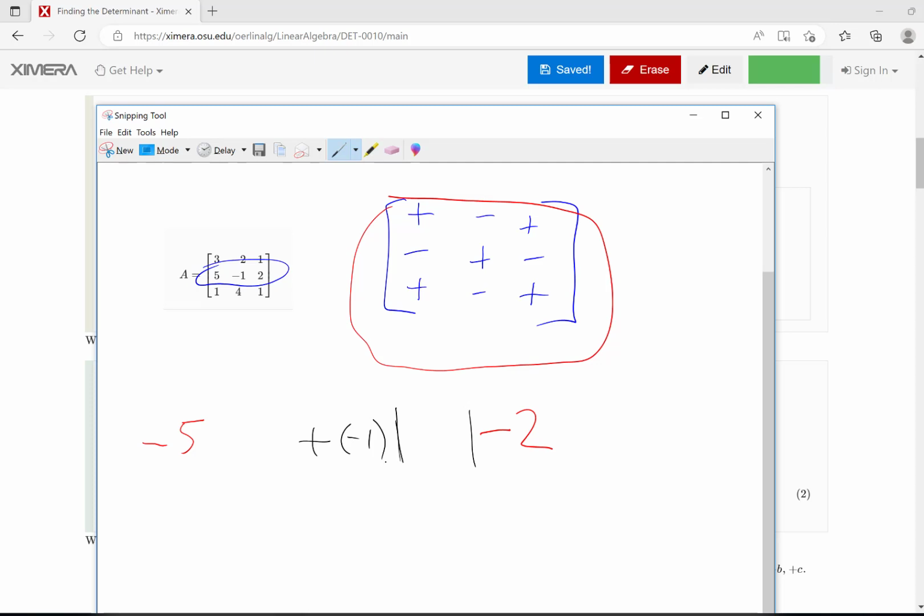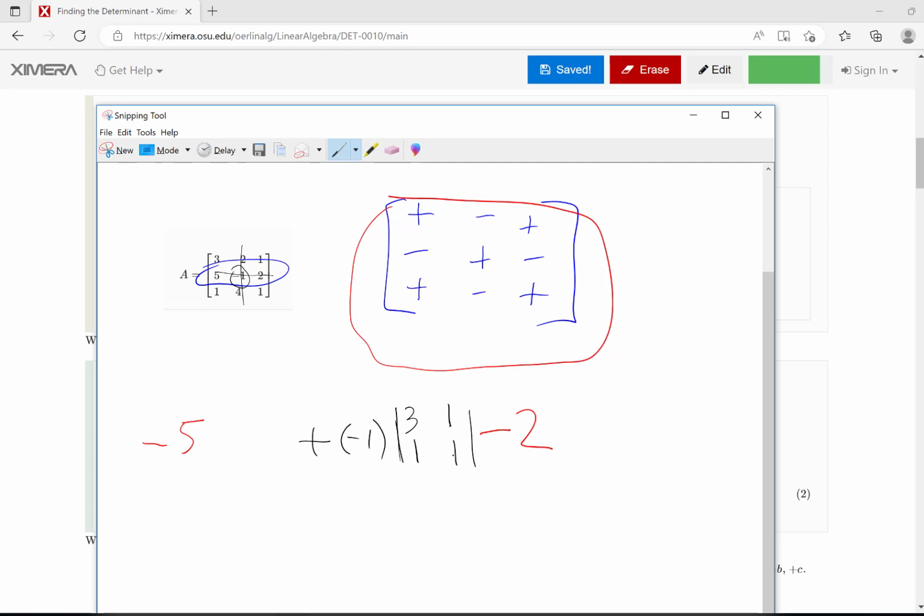So how do you know what the 2 by 2 matrix is? Well, basically when you're at the -1, you can cross out the entries in the same row and column as that -1. And the leftover numbers are 3, 1, 1, and 1. And so that is the 2 by 2 matrix that goes here.